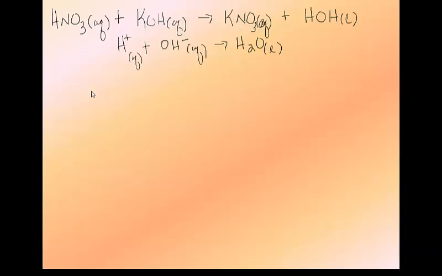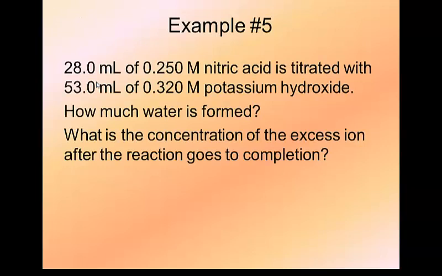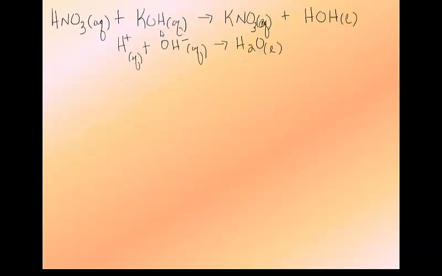I have 28 mils of a 0.25 molar nitric acid, so I have 7.00 millimoles of the nitric acid. There's only one hydrogen ion per compound, therefore I also have 7.00 millimoles of the hydrogen ion.